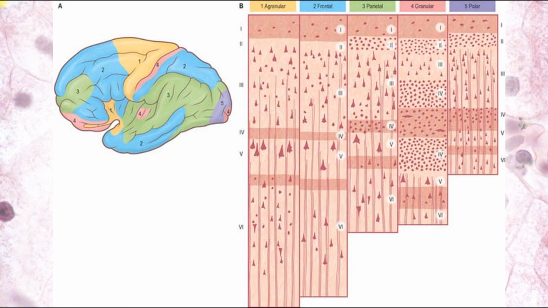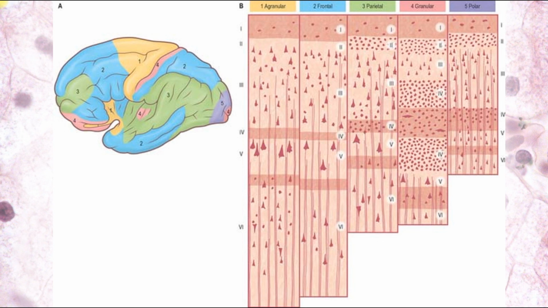So granular type of cerebral cortex is usually located in sensory regions of cerebral cortex, which provide different types of sense. They are present mainly in sensory regions of cerebral cortex. And agranular type of cerebral cortex provides motor functions. So it's not sensory, it's motor type of cerebral cortex.